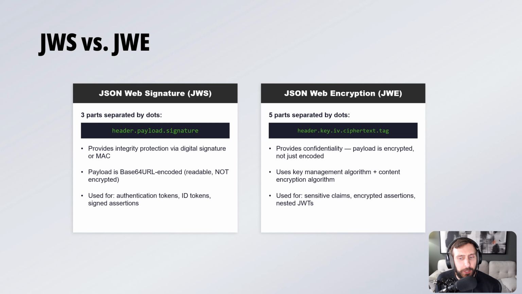And just to emphasize the differences between JWS and JWE, we have 3 parts in the JWS separated by 2 dots, and with the JSON web encryption based tokens, we have 5 parts separated by 4 dots.